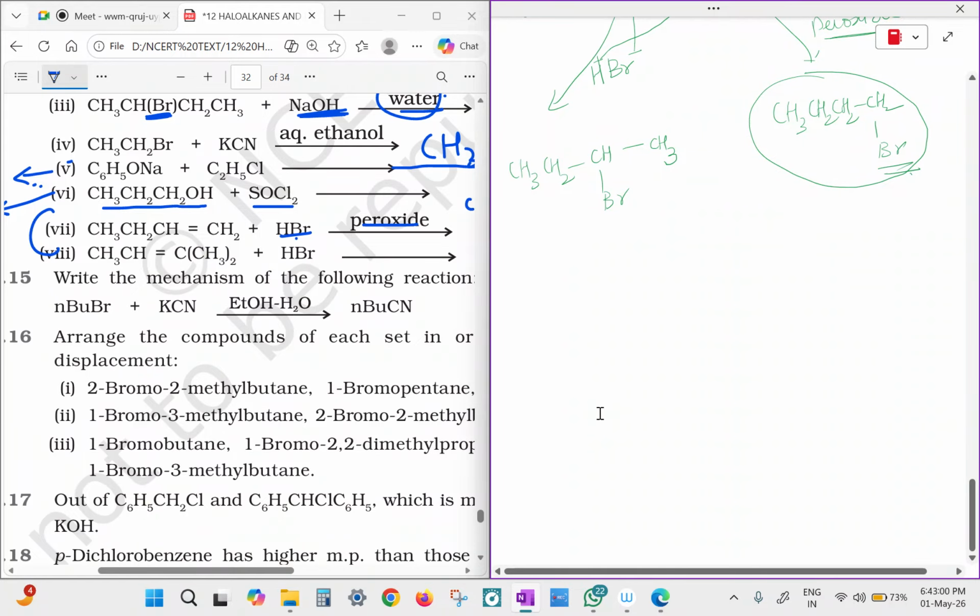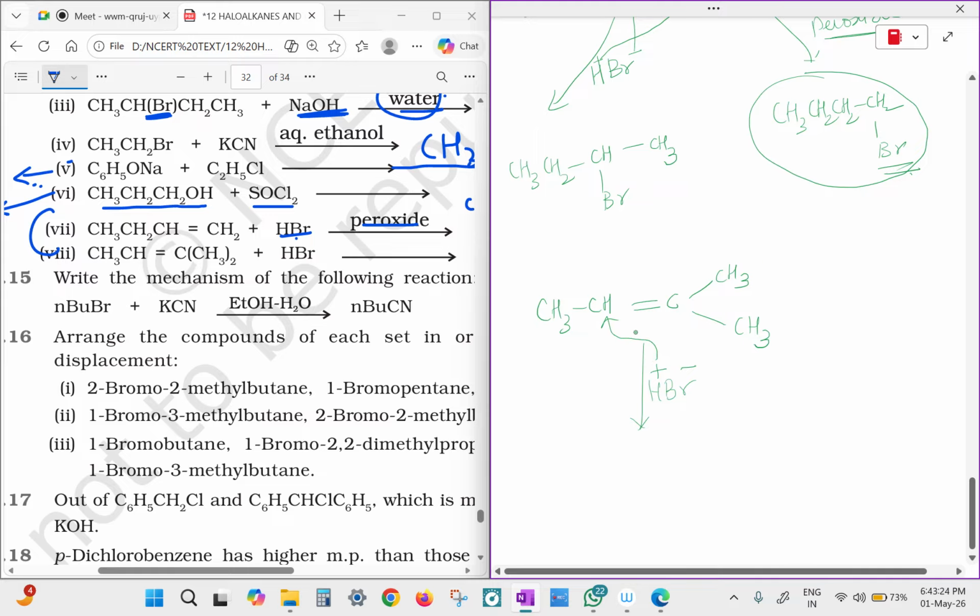Yes, ma'am. Okay, the last one is CH3CH=C(CH3)2. If you are adding simply HBr, no peroxide, then it is normal addition. H plus goes to which carbon, children? Second carbon, ma'am.